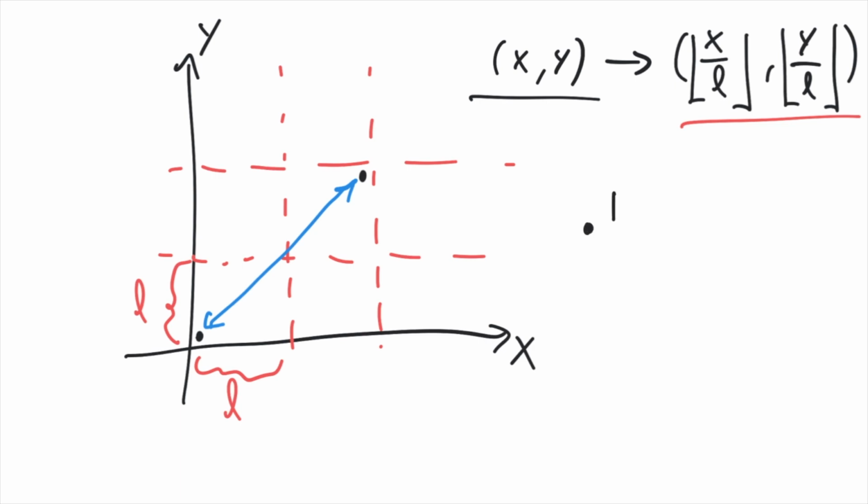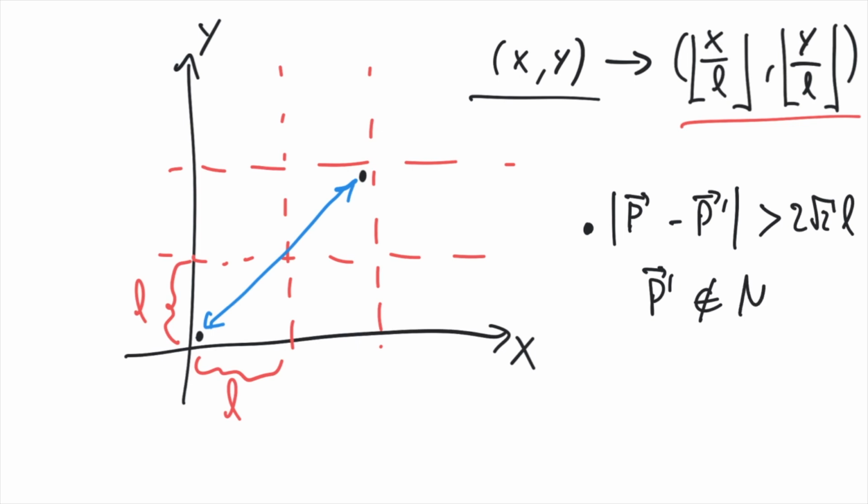Let's say there's a point P and another point we call P prime. If the distance is greater than that diagonal, and that diagonal is of length 2 square root 2 of L for Pythagoras theorem, then point P prime is not in what I will call the neighborhood of P.